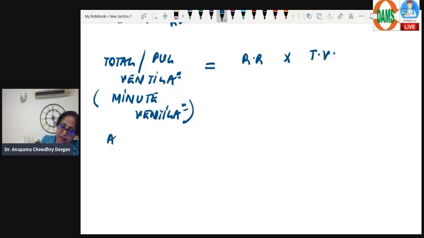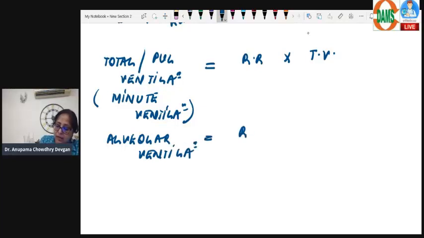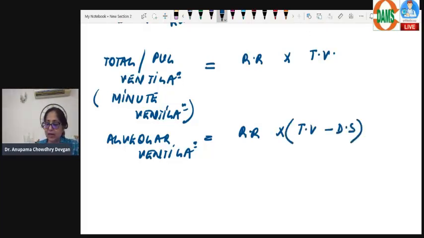What is alveolar ventilation? Alveolar ventilation is respiratory rate into tidal volume minus the dead space.